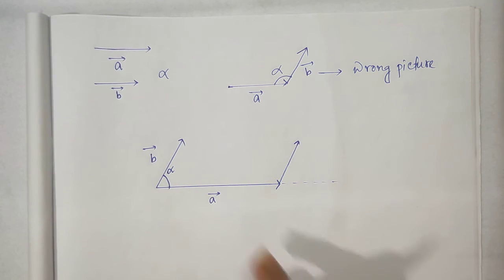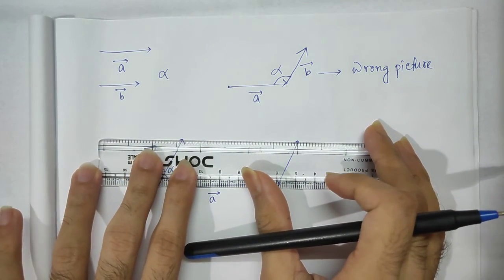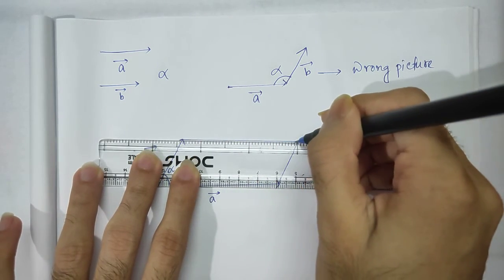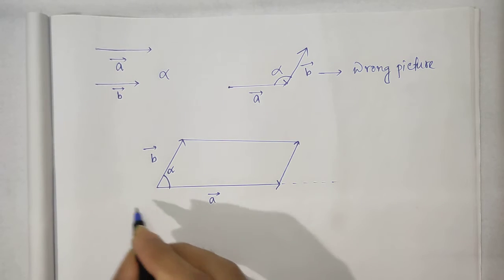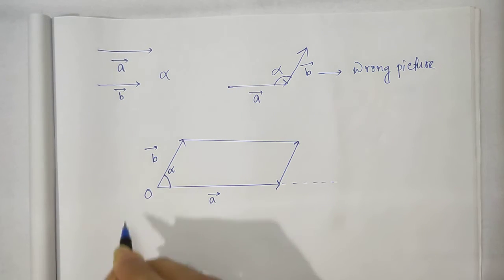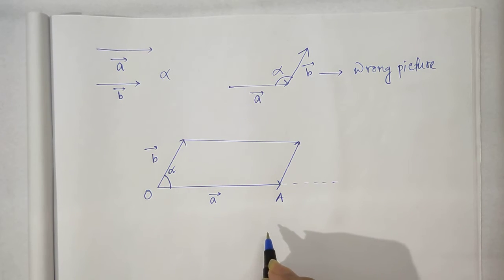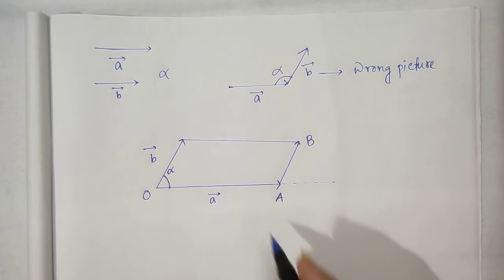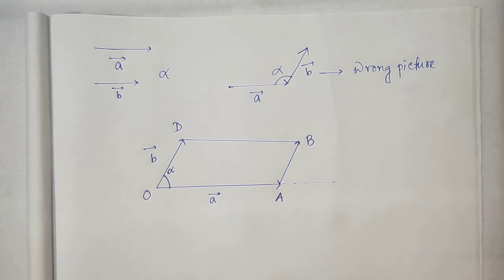Now we have to join these two points, and we should name this properly. This point is O, this point is A, this point is B, and this point is D.